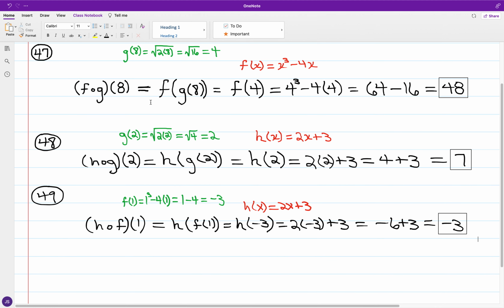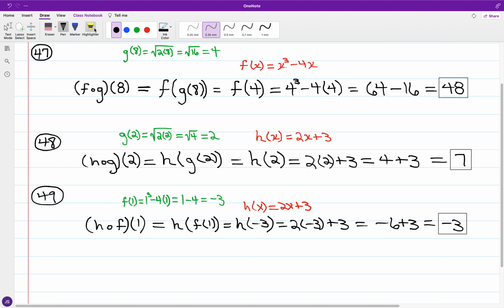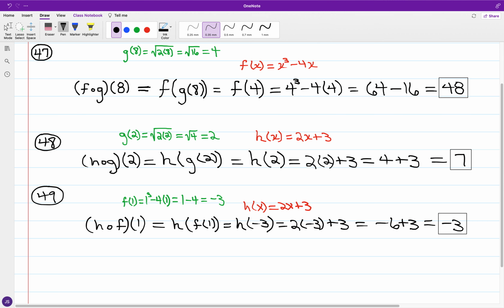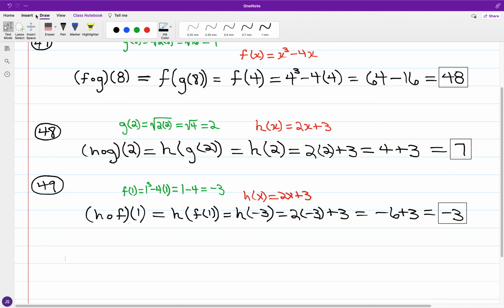Now, for number 50, this time we're looking at interaction once again between f and g. We have the reverse order of number 47, where we have g composed with f, and the input value is going to be 3. Let me just reapply these functions.